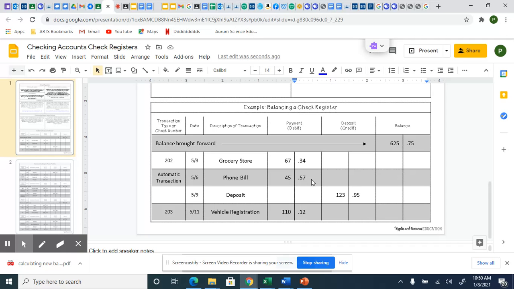Now, for 20 years, I did not fill this thing out. I just tried to keep a running total in my head. How well do you think that worked? So I was always negative. So like 20 years ago, I learned how to do this register.